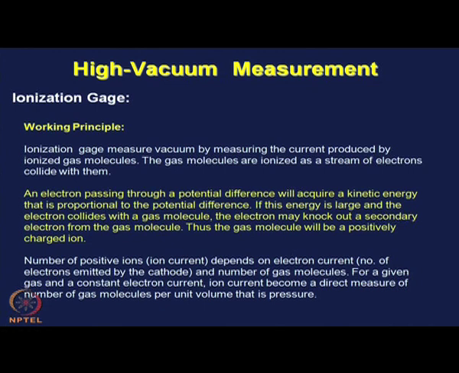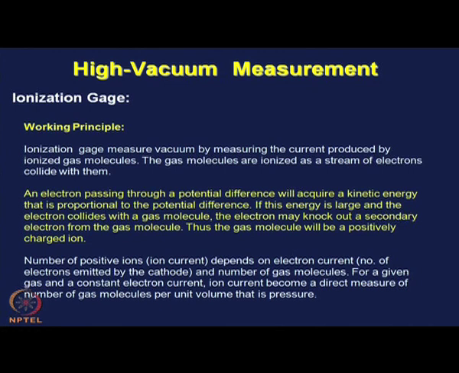Thus, the gas molecule will be a positively charged ion. Number of positive ions, in other words ion current, depends on electron current, that is number of electrons emitted by the cathode, and the number of gas molecules, because the number of electrons and the number of gas molecules will decide the number of collisions that can take place.